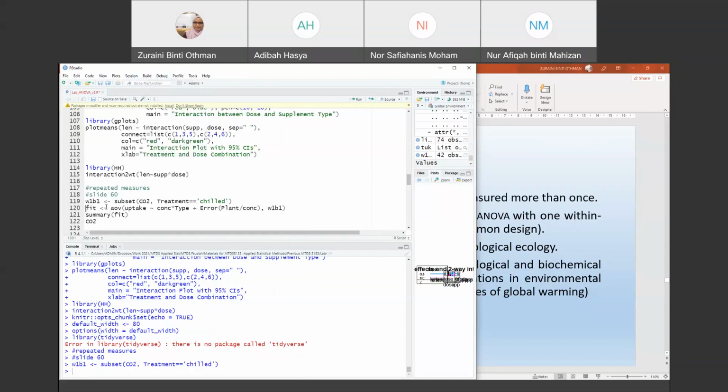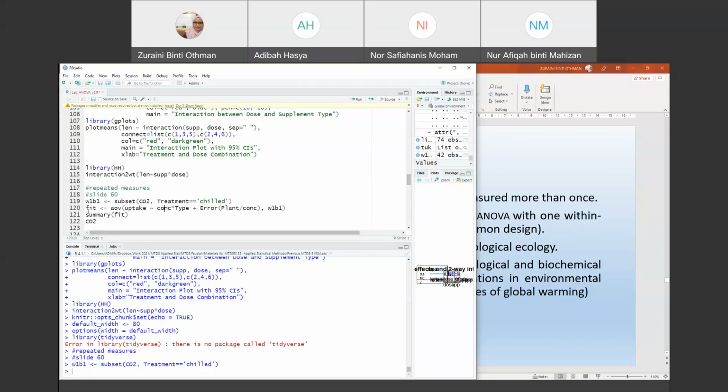Then this is ANOVA, analysis of variance. We want to know this dependent, the uptake of carbon dioxide. This is the carbon dioxide concentration in relation with the type, plus the error, plant, divided by, apa tadi, the conc tu. Concentration, betul, terima kasih.